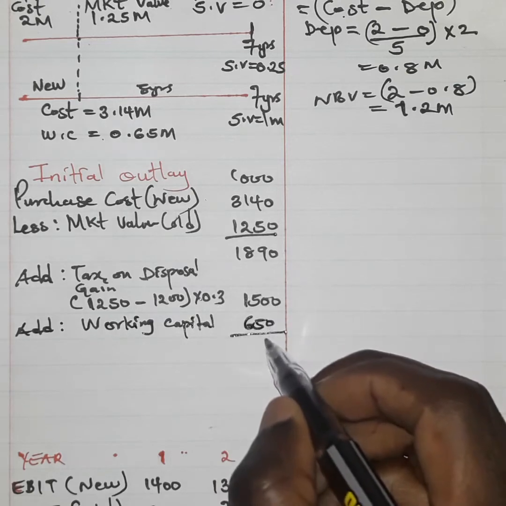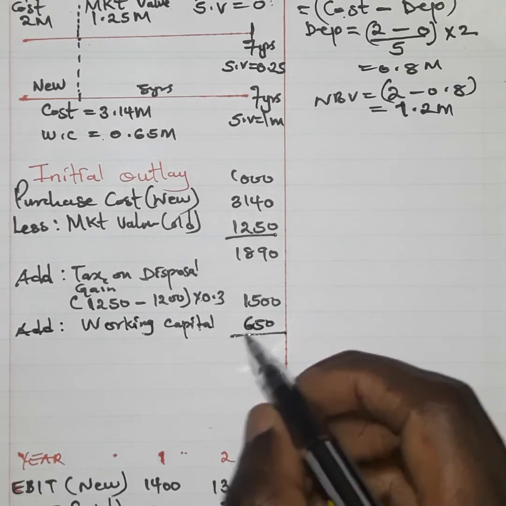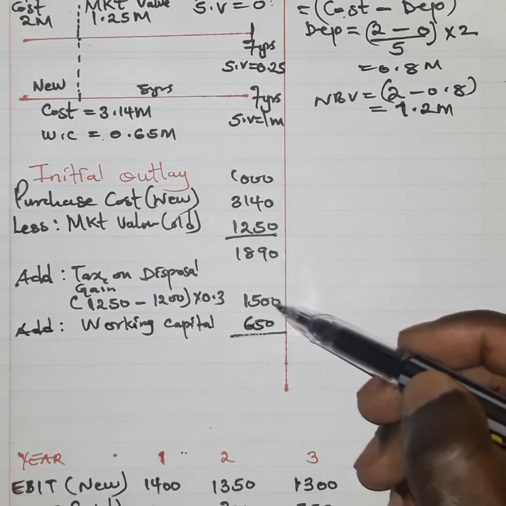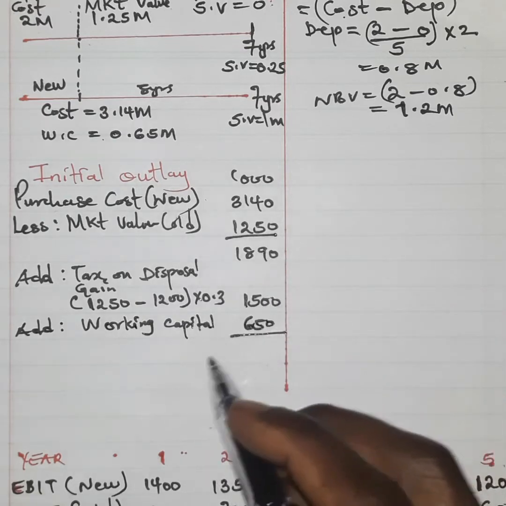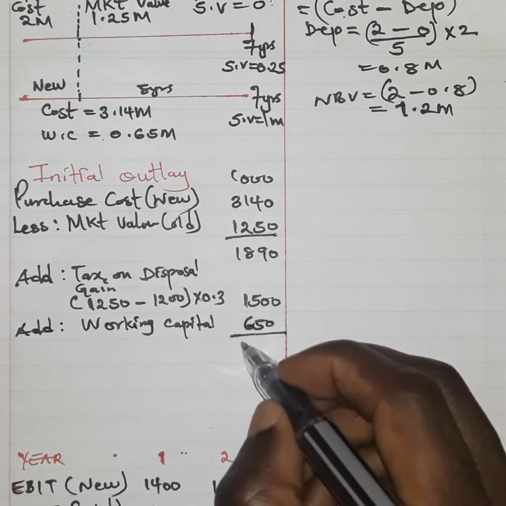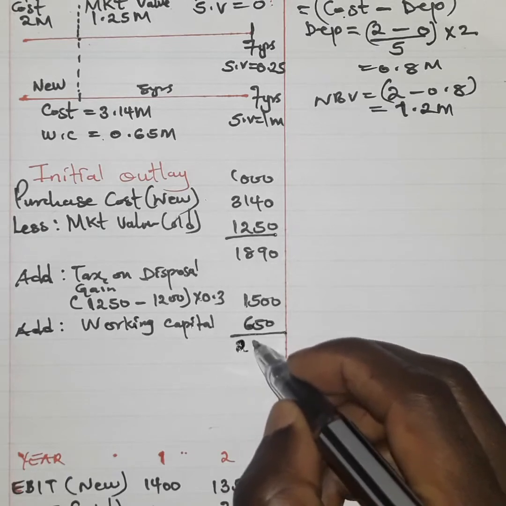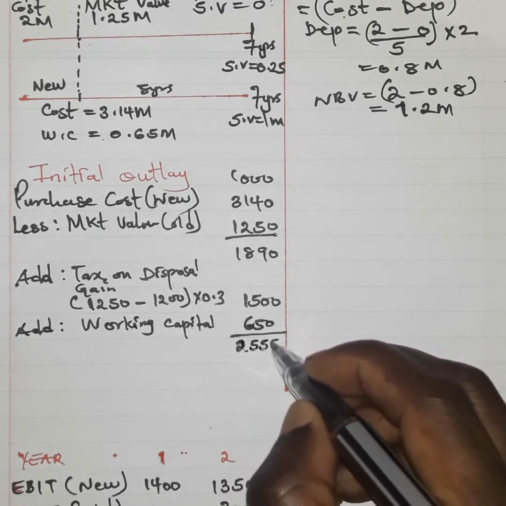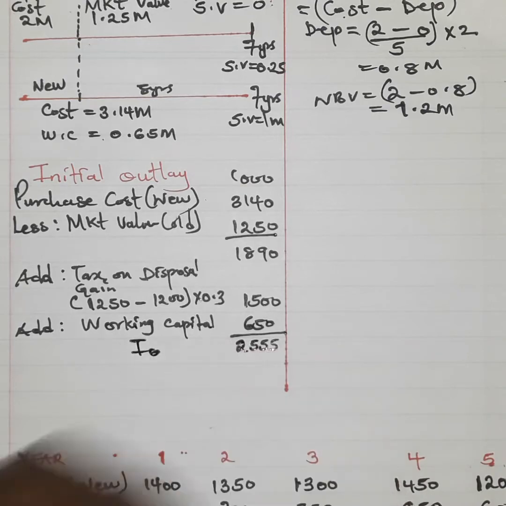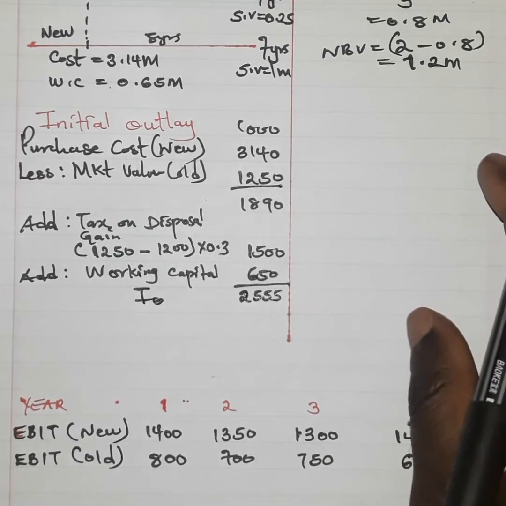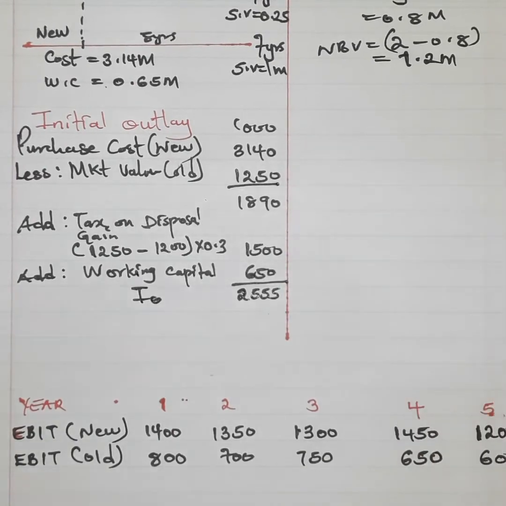When you add these, 1890 plus 1500 plus 650, we get an amount of 2555. This is our initial outlay, which will be subtracted from the present value cash inflow to determine the NPV.